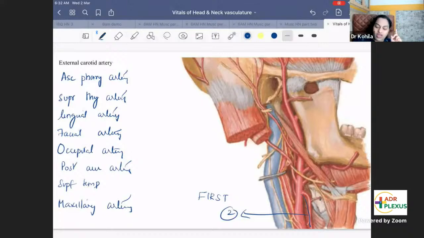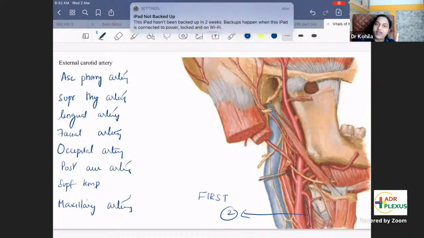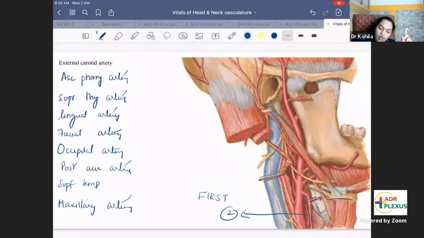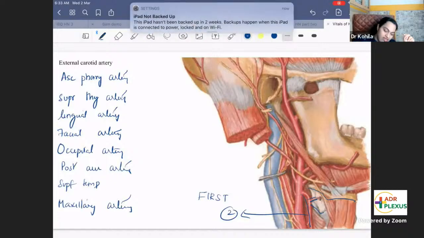Please make a note of it. Okay. You can see a branch coming from the superior thyroid artery piercing the thyrohyoid membrane. This is your hyoid bone. This is the thyroid cartilage. That's the superior laryngeal vessels. Okay. Yes. We'll be talking in detail about it coming.